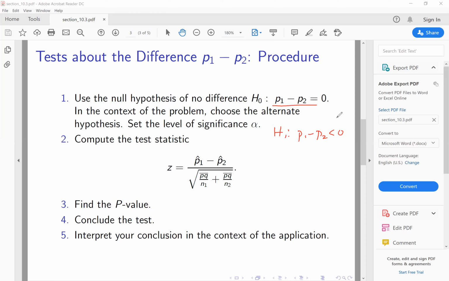Or maybe men like it more than women, in which case we would have a right tail test. In any case, the test statistic is computed this way. This is the standard normal. Then we'll use it to calculate the p-value and come up with our conclusion. So let's do an example and see what we can calculate.